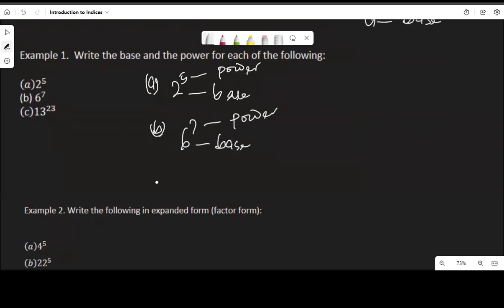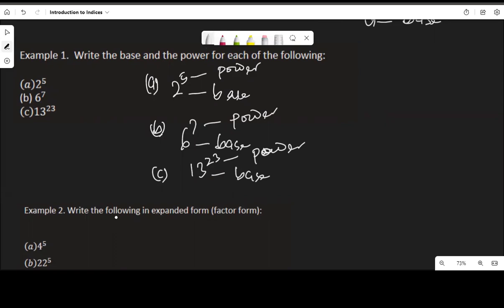And lastly, 13 to the power of 23, 13 is the base, while 23 is the power. So it goes like that. That is our answer for question 1.